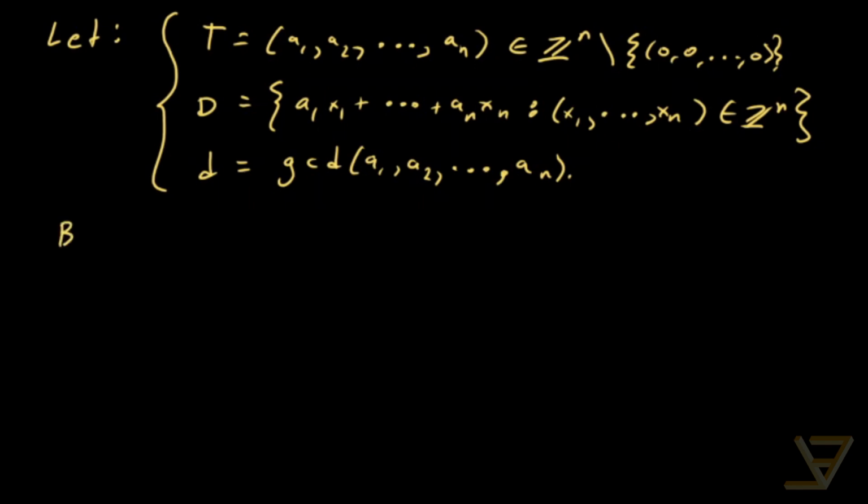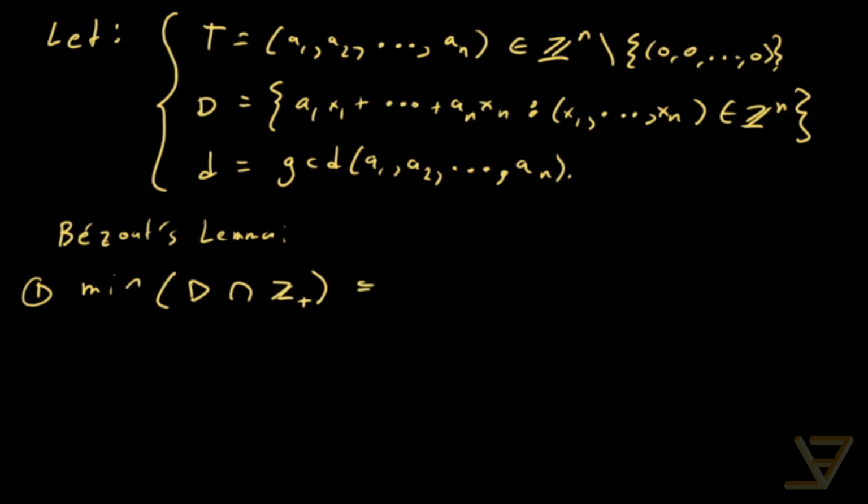So here's what Bézout's lemma in its most general form says. First of all, it says that the minimum of the set D restricted to its positive elements exists, and we can know that it exists by a fairly simple argument.